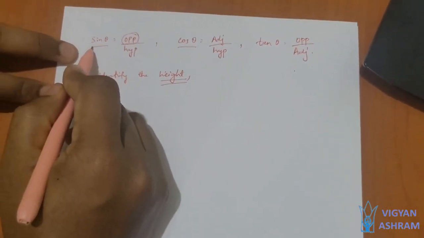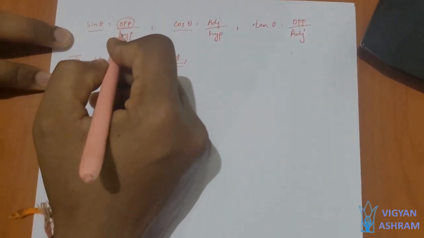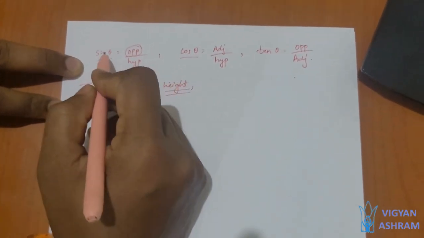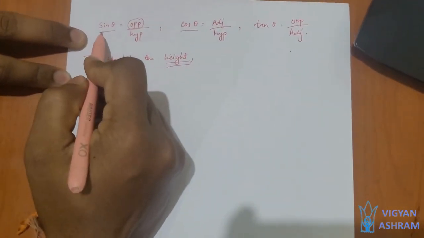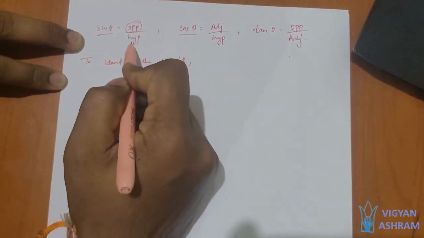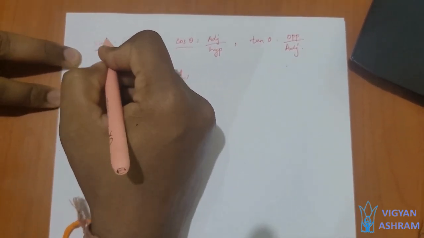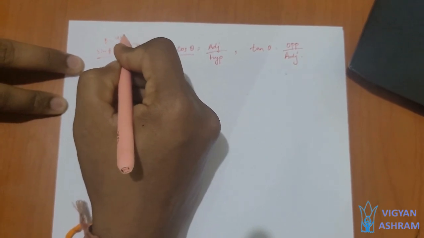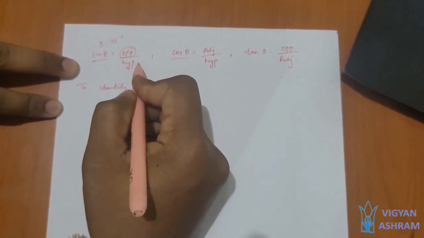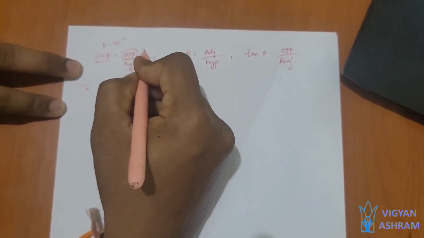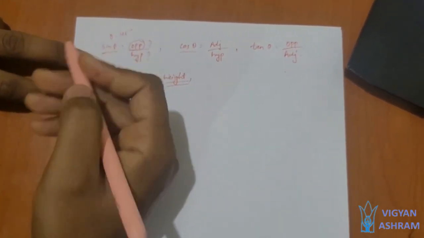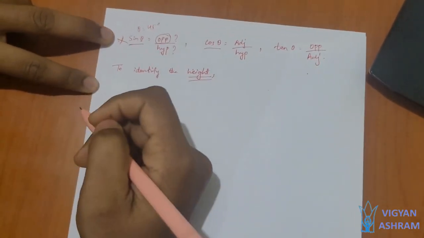When you look into sin theta, we should at least know two values, the theta value and the hypotenuse value. Here we know that theta is equal to 45 degree. We don't know hypotenuse, we also don't know opposite. So we cannot use sin theta.